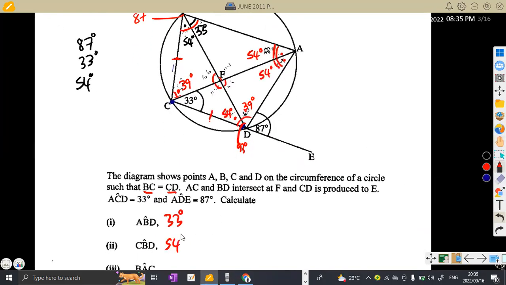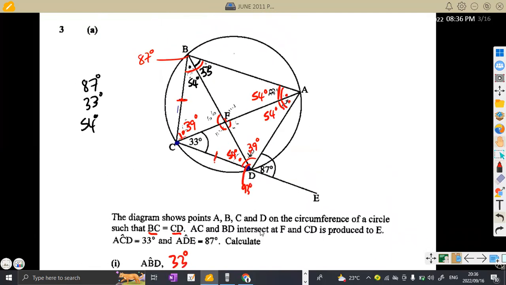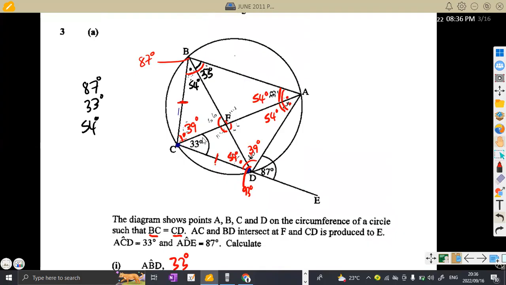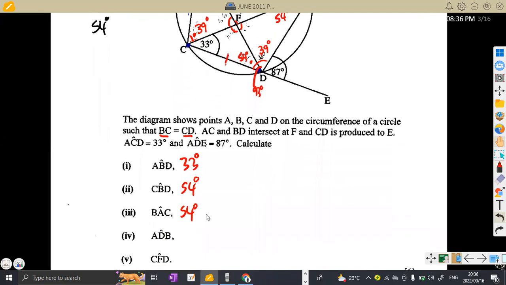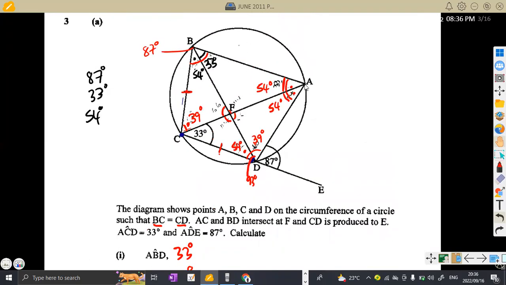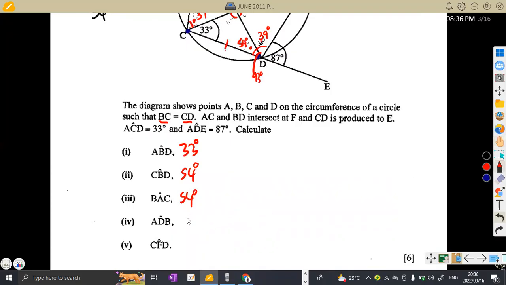We move on to BAC: B, A to C, we said 54 again. Then ADB: from A to D to B, that's 39 degrees.